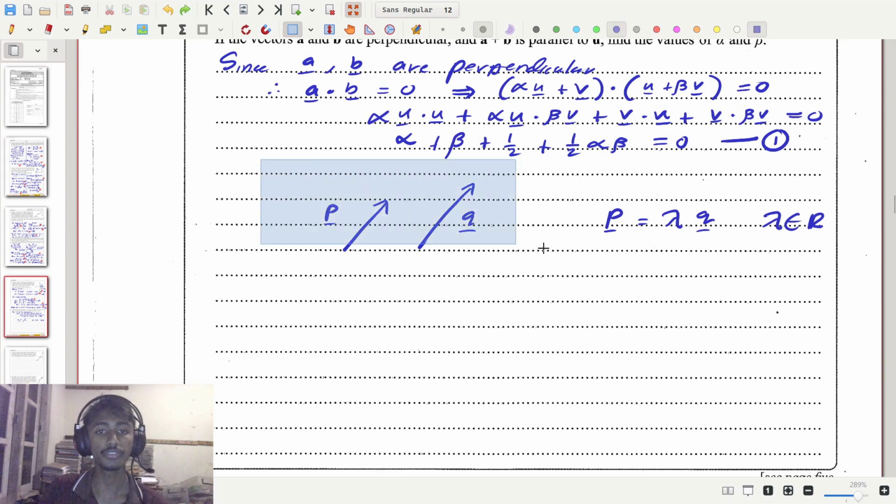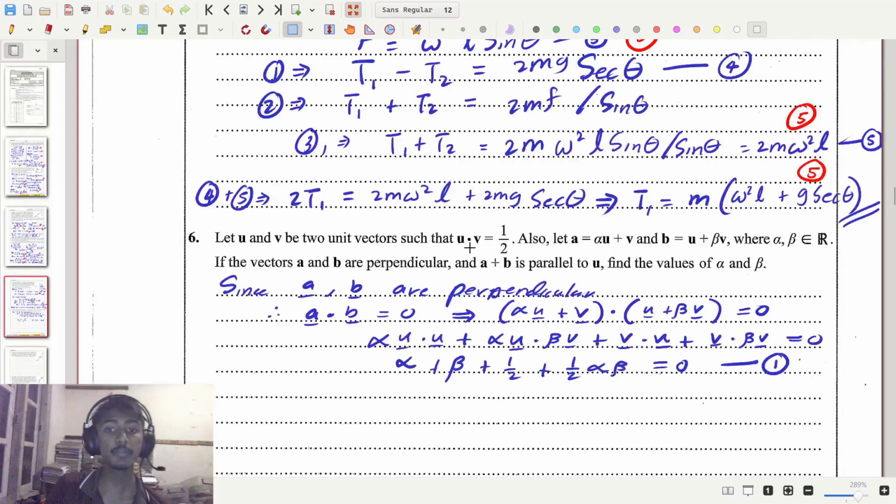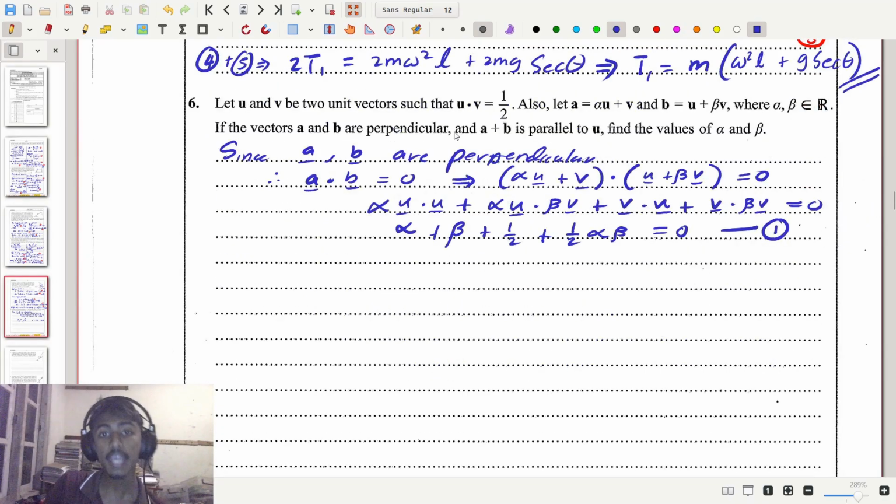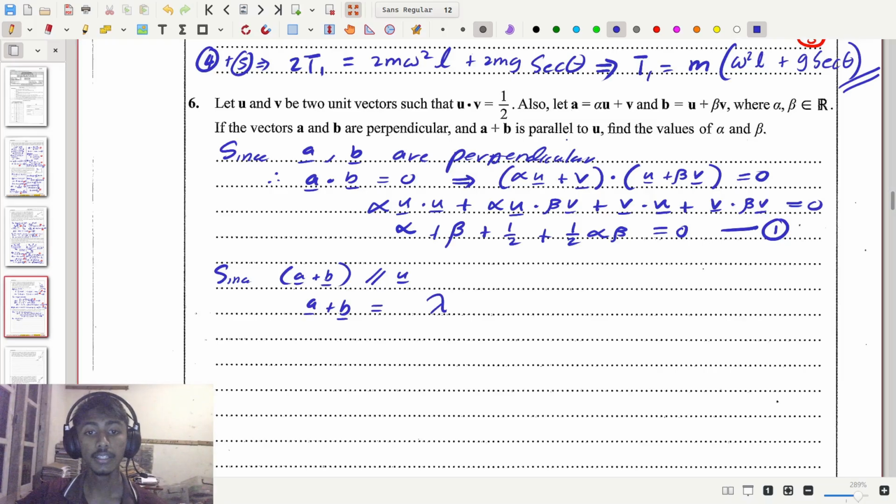Now according to this, if we apply the situation for a vector, b vector and u vector, we can see a vector plus b vector is parallel to u vector, and therefore a vector plus b vector must be equal to some scalar multiple, lambda times u vector, where lambda is a constant which is an element of the real numbers.